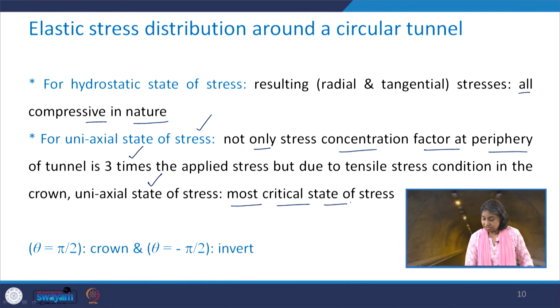Please keep this in mind. Now, when I say crown portion, I am essentially referring to theta equal to pi by 2, and later on I will also use the term invert. The invert of the tunnel corresponds to theta equal to minus pi by 2.